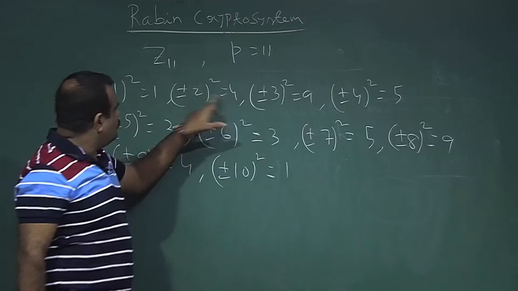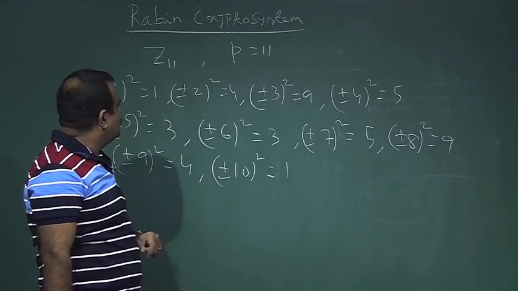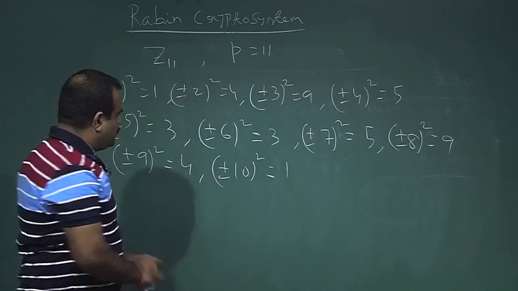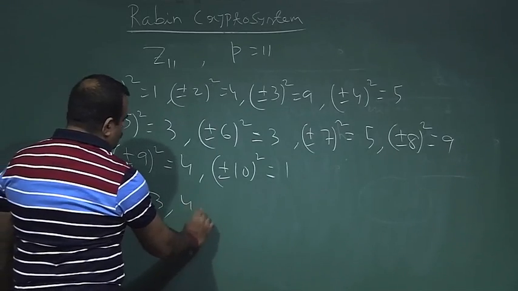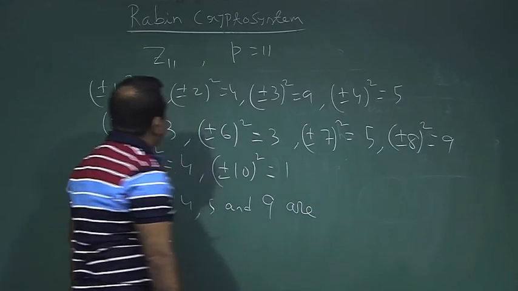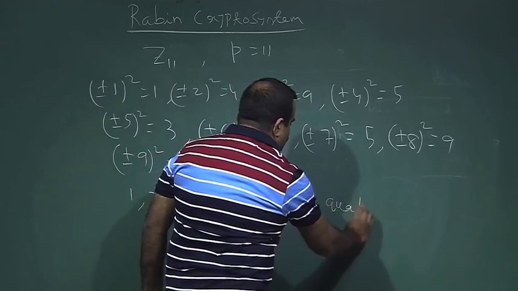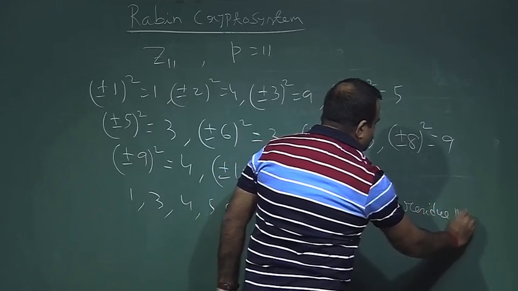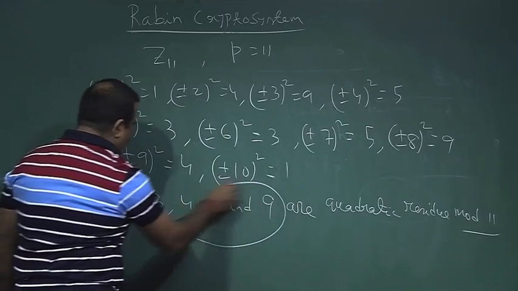For 4, there are 2 square roots, plus 2 and minus 2, where plus 2 is 2 and minus 2 is 9. So 1, 3, 4, 5 and 9 are the quadratic residues modulo 11. Under Z_11 these are the numbers having a square root.